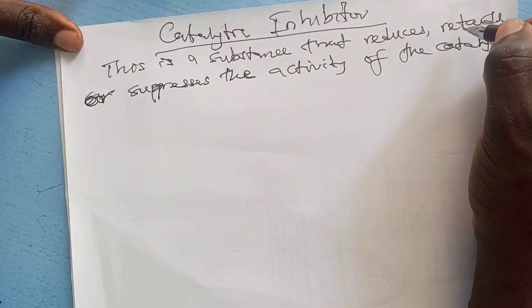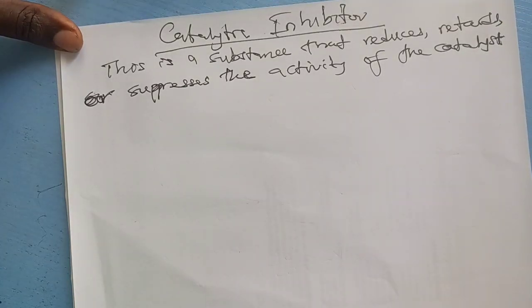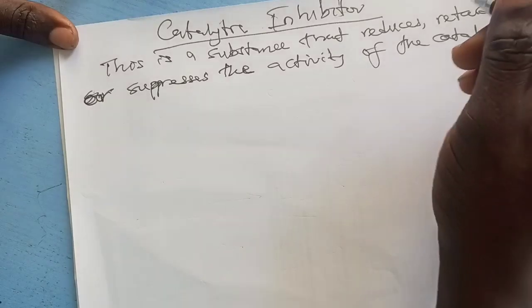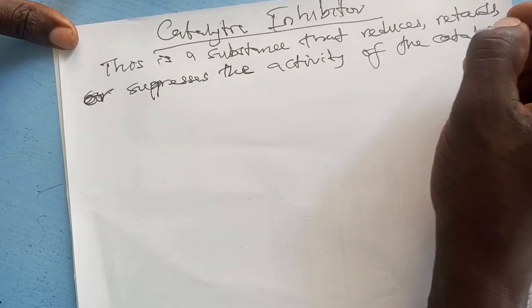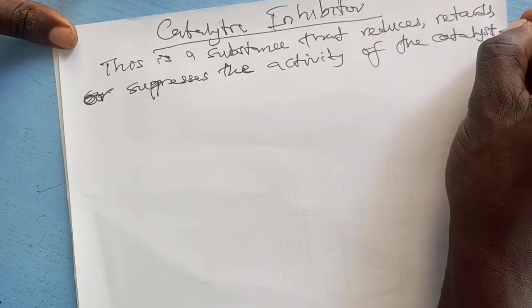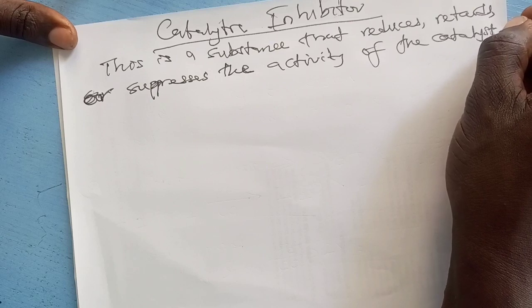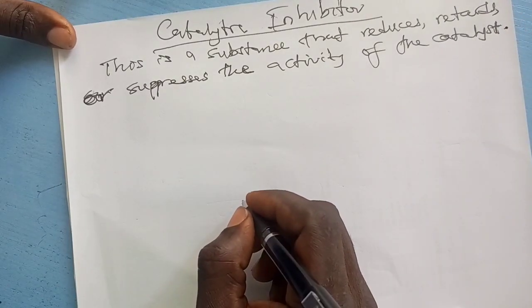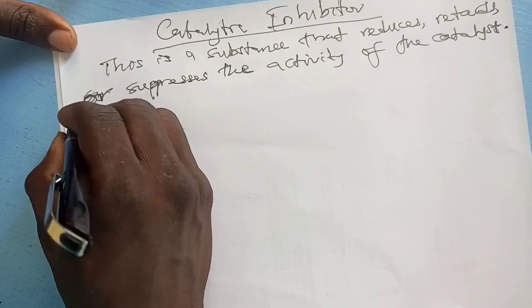So when a substance suppresses the activity of the catalyst, it is called a catalytic inhibitor. Okay, I know you will want to know some examples and how it actually happens. So I'm going to give you some examples.